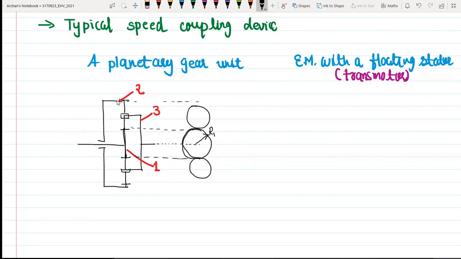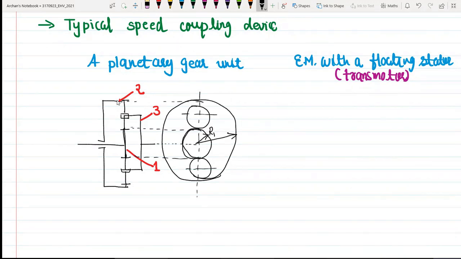This is our center line, and the second coupling is the outermost unit, having some radius of say r2, and this radius is r3. So we have a total of 3 different units.